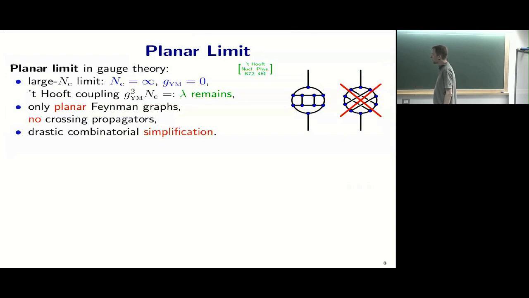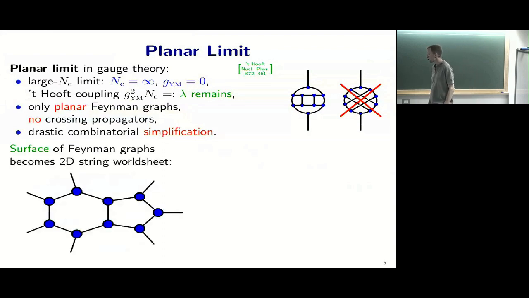And in this limit, you will only get planar Feynman graphs. You don't allow for propagators to cross when you draw things on the plane, and that actually leads to a drastic combinatorial simplification of your graphs. So many graphs that you could possibly have are just discarded, and actually just the simplest types of graphs survive.